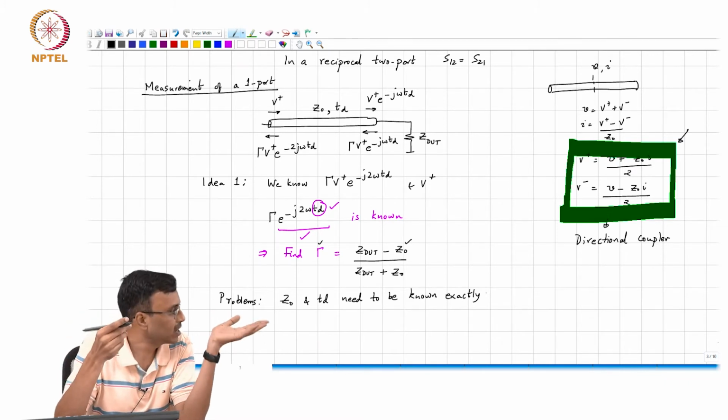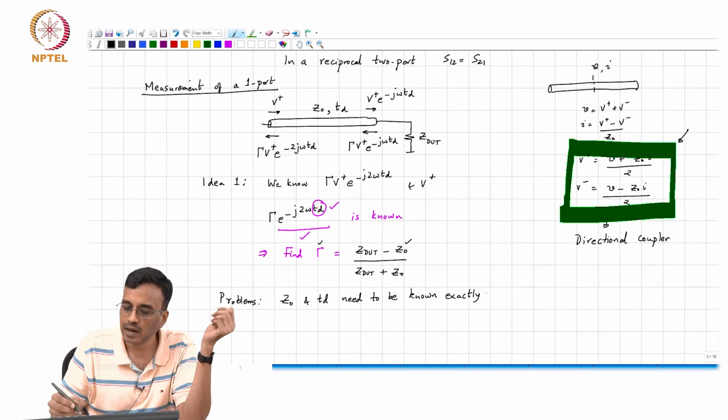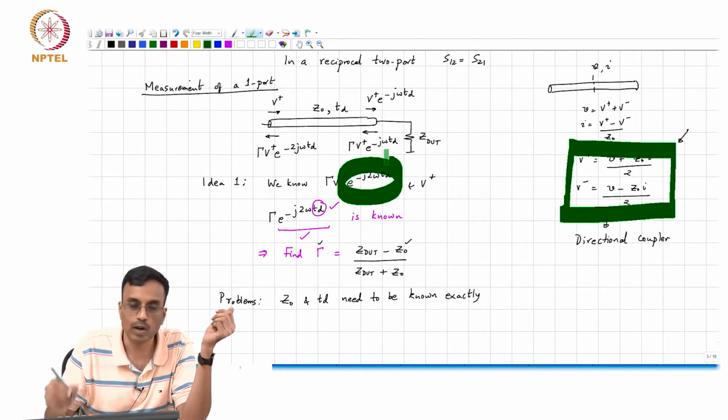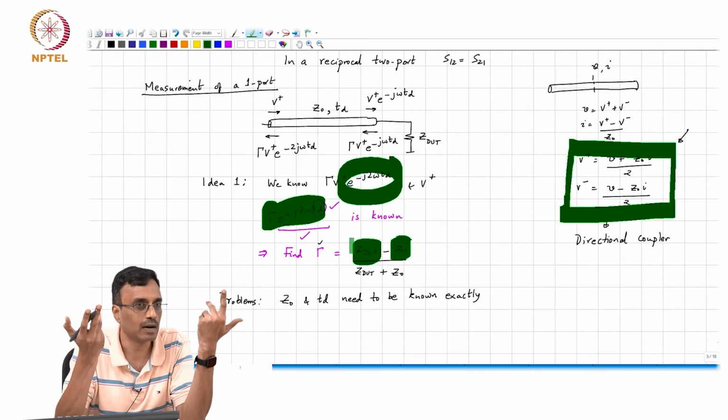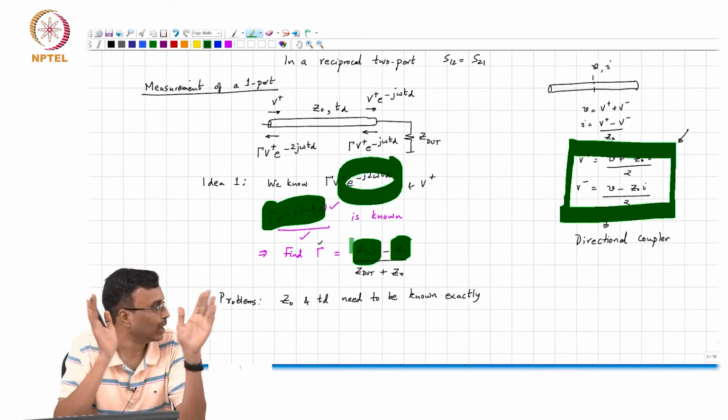So if Z naught and Td are not known properly, clearly our estimation of gamma will be wrong, which basically means the gamma that you get will be in error. If the gamma is in error and Z naught is in error, then the Z dot you measure will be in error. Correct?